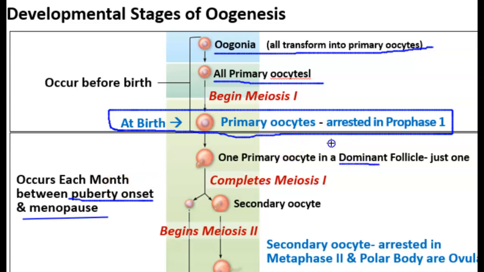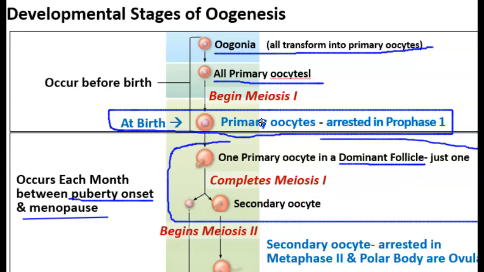Whichever follicle becomes dominant, and there's just going to be one a month, that's the one follicle and the one oocyte inside of it that will complete meiosis 1 to form a secondary oocyte and a polar body. As you know, it's this secondary oocyte that is ovulated, but it has already begun meiosis 2 before the sperm came along.